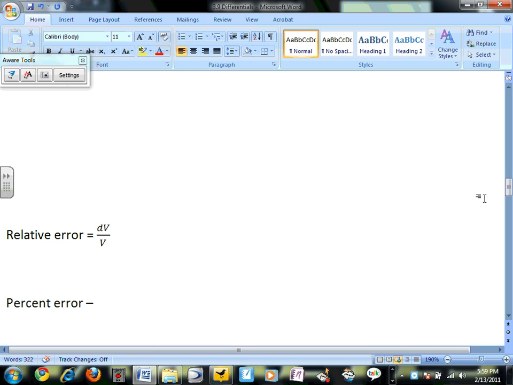What our differential was, I believe, was 4 pi r squared dr all over V, which is 4/3 pi r cubed. We can cancel out here. The pi's disappear, and this just becomes a 1.